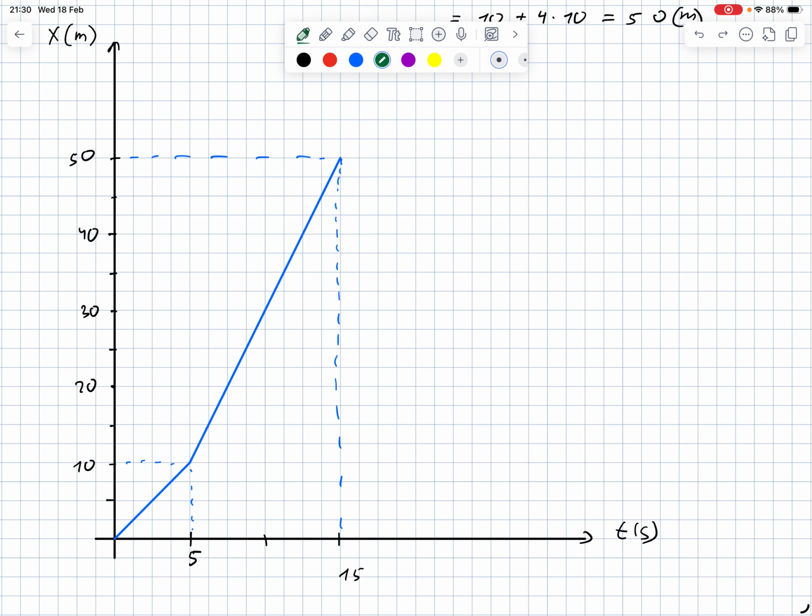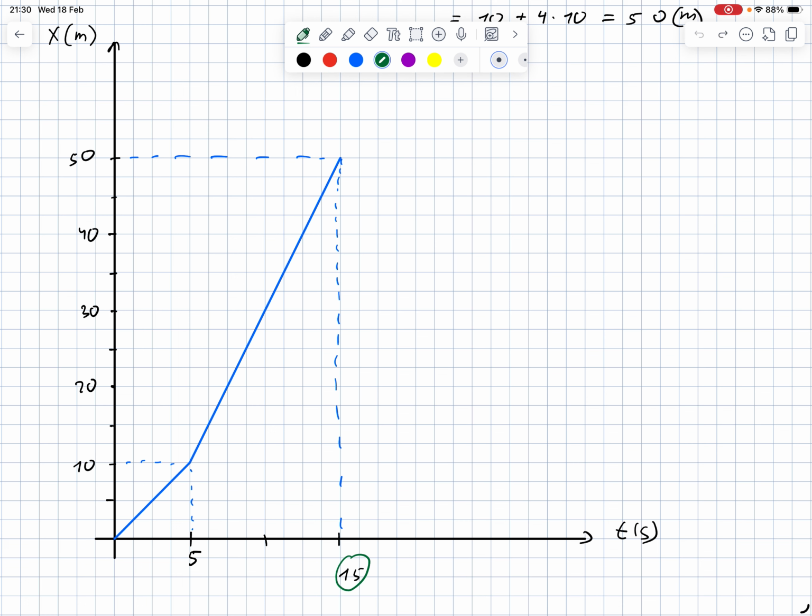Okay, so let's try to draw this graph of x of t. We know that initial position when time equals 0 seconds is 0 meters. We also calculated that when t equals 5 seconds, the position is 10 meters. And we also calculated a few seconds ago that when time equals 15 seconds, the position is 50 meters.